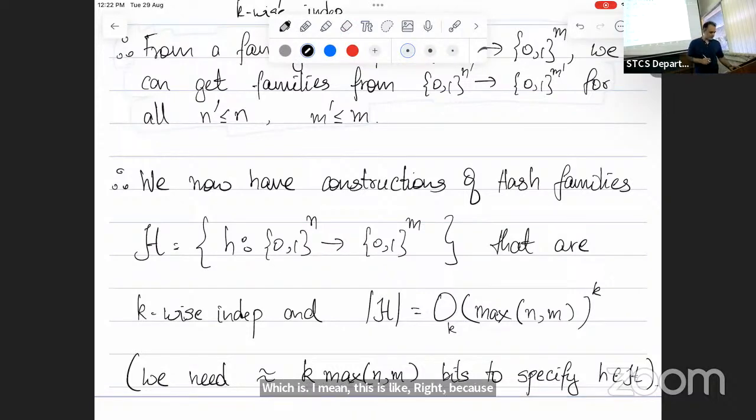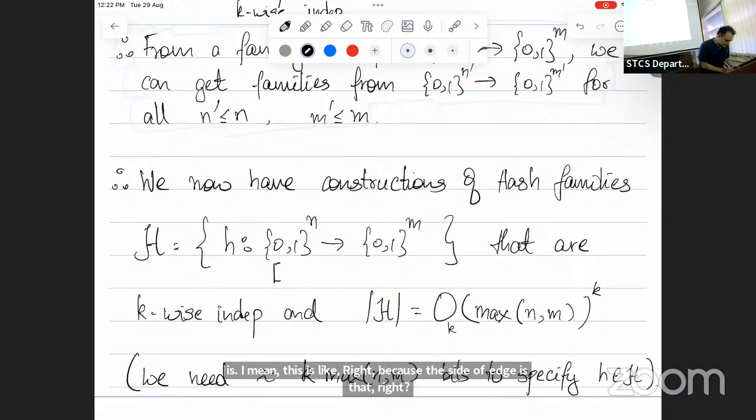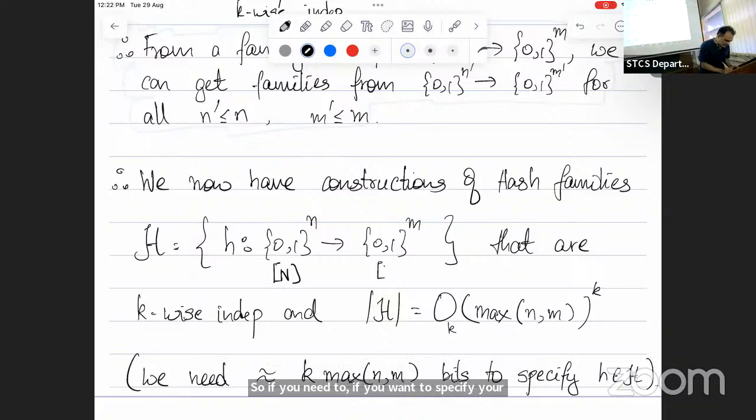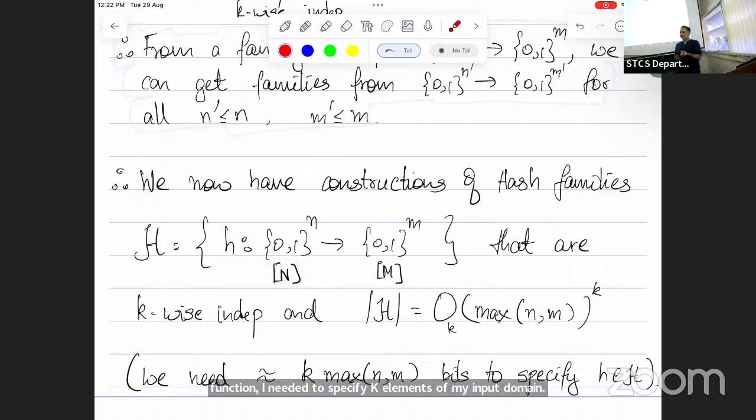So if you want to specify a function, yes, this is capital N and this is capital M. In order to specify a function, I needed to specify k elements of my input domain. And every element of my input domain requires log of capital N many bits, which is small n, right?